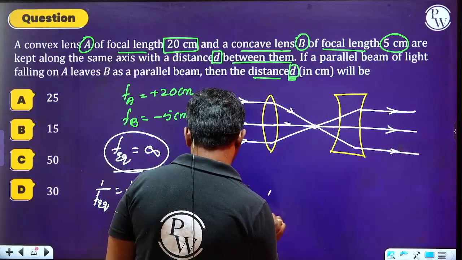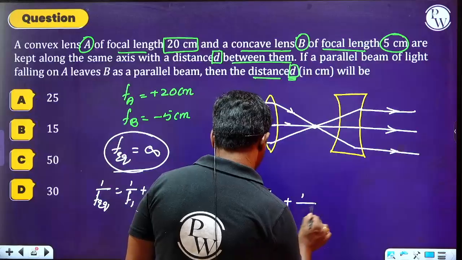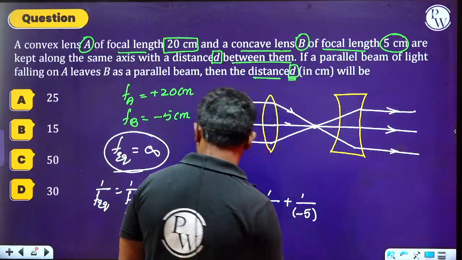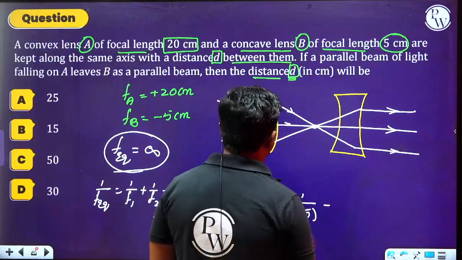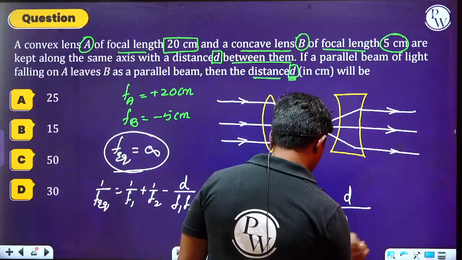1 by infinity is equal to 1 by f1, which is 20, plus 1 by f2, which is minus 5, minus d divided by 20 into minus 5.